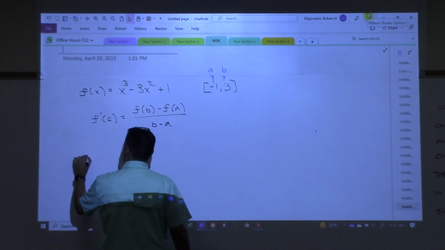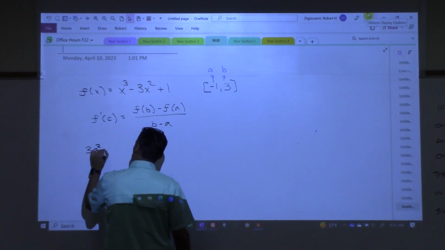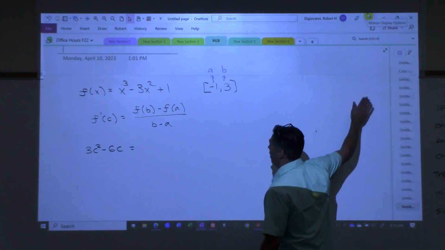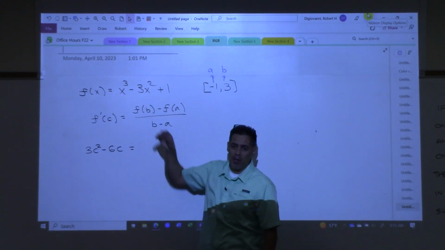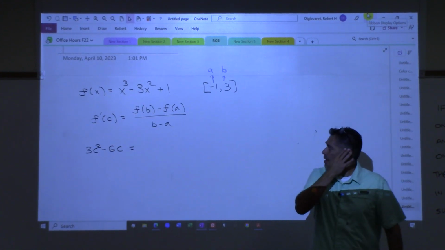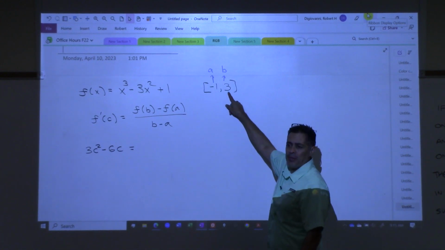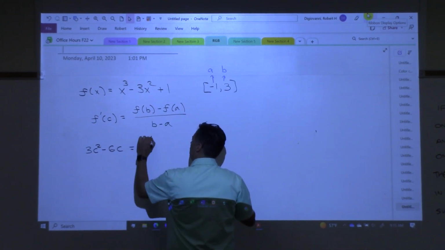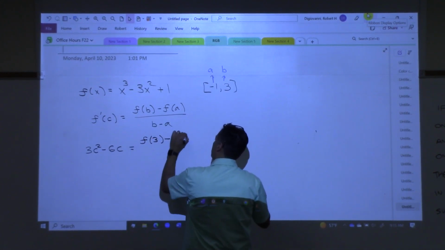And that means that 3c squared minus 6c, again, that's the derivative, plugging c into it. And then now b is 3, isn't it, instead of 2? So when we plug 3 into this, we should get a different answer there, shouldn't we?